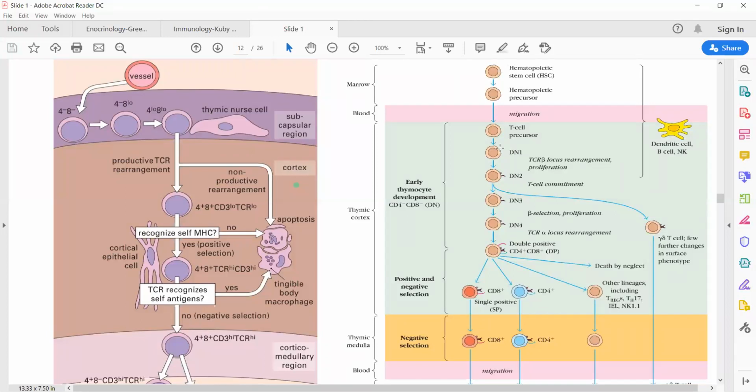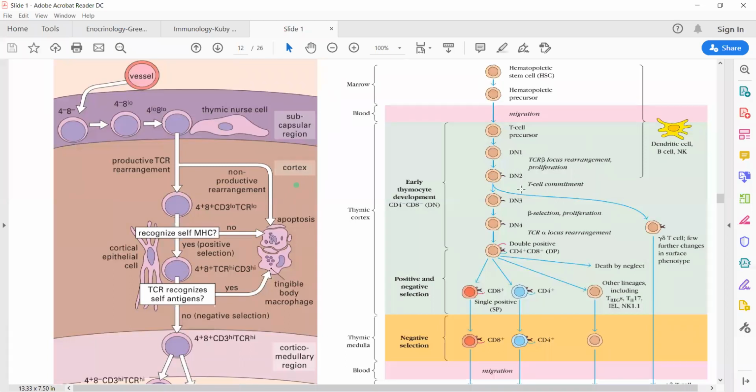And the T lymphocyte gradually moves towards the double negative 2 stage. As you can see in the double negative 2 stage, the TCR beta chain, you have already done the class on T cell receptors in fourth semester, is also upregulated.